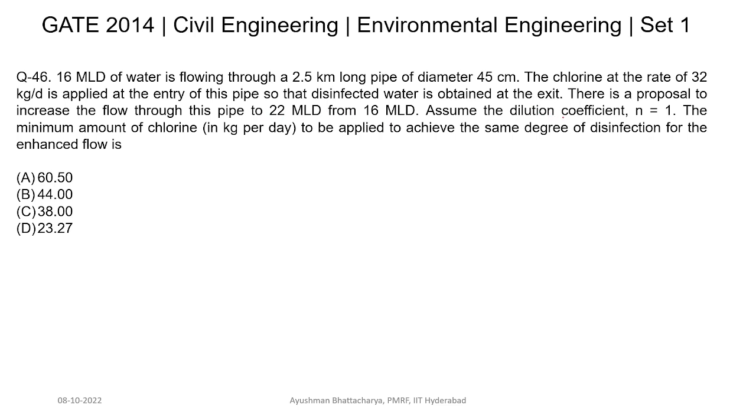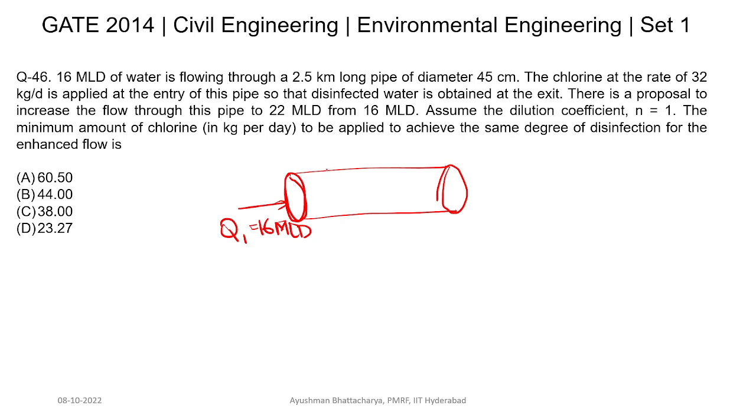There is a proposal to increase the flow through the pipe to 22 MLD from 16 MLD. Assuming the dilution coefficient n is equal to 1, the minimum amount of chlorine to be applied to achieve the same degree of disinfection for the enhanced flow is. So in this question, there is one pipe whose flow rate is initially Q1, 16 MLD, and Cl2 is applied at a rate of 32 kg per day.